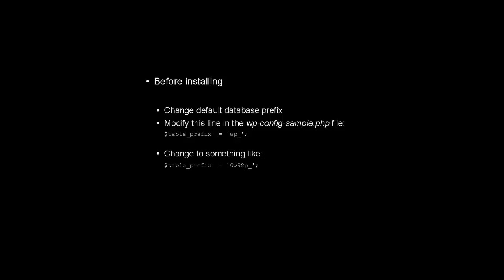For example, something like this. The front part stays the same, but you can see I've put 0 and then a lowercase w, 98, and then a lowercase p, and then the underscore.